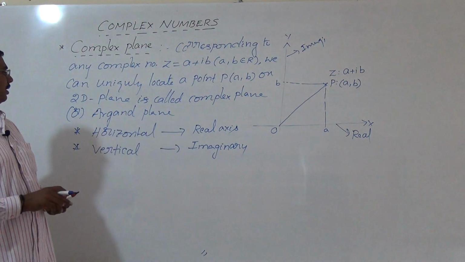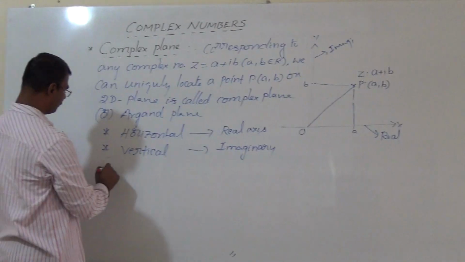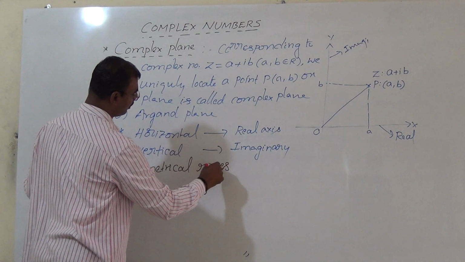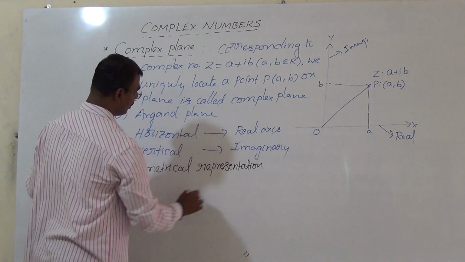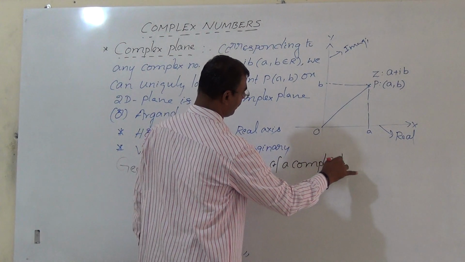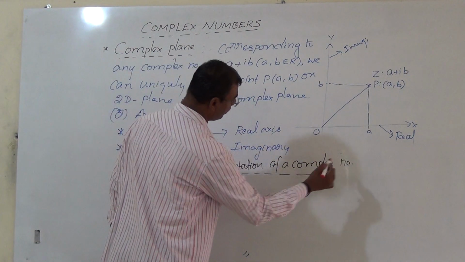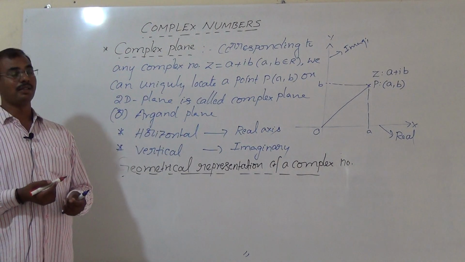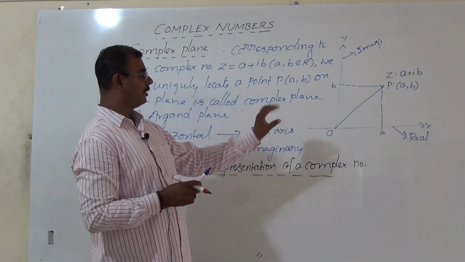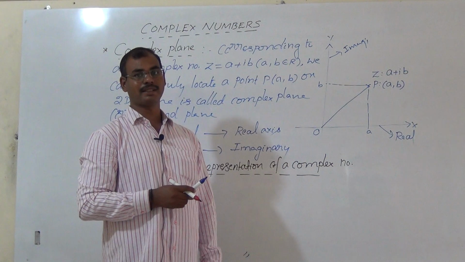Okay. Now, what is the geometrical representation of a complex number? How to represent a complex number geometrically? Firstly, remember all of you, the real part of a complex number is always represented on the real axis.